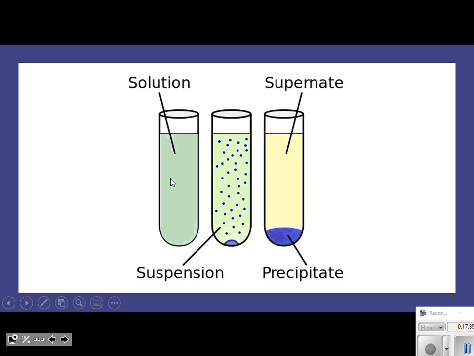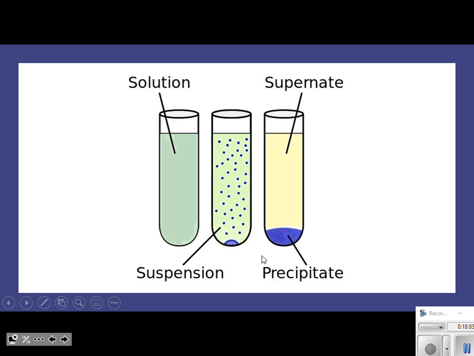Do you see any little particles in there? Nope. Right here, you see the little blue dots. Those are particles right there. Now, these little blue dots will eventually settle down to the bottom, and that is what we call a precipitate.